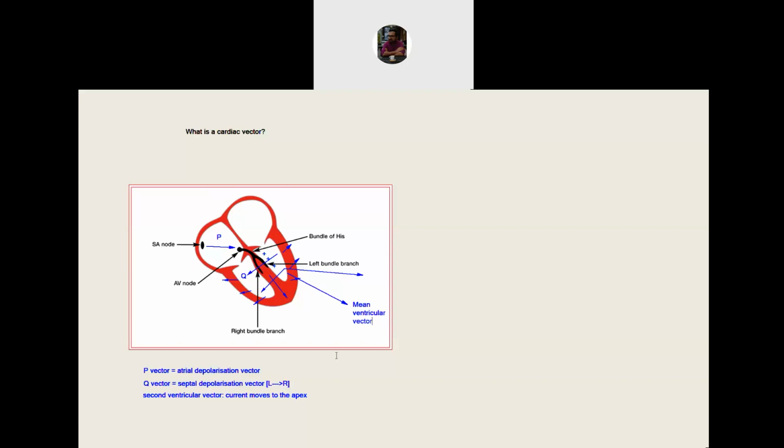This mean ventricular vector also determines to a large extent the axis of the heart, by which we mean the direction of this mean vector. So we have the mean ventricular vector that represents depolarization of the ventricles.